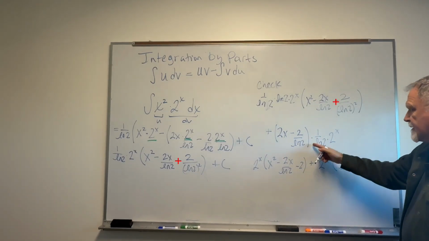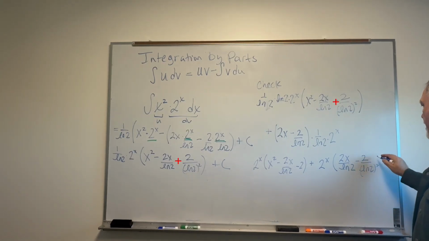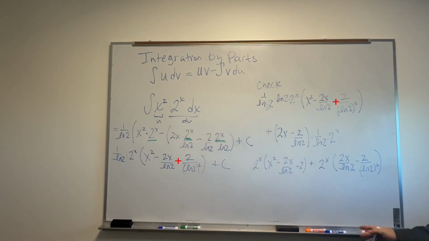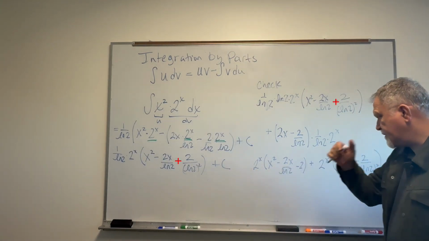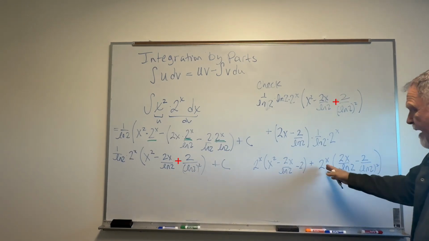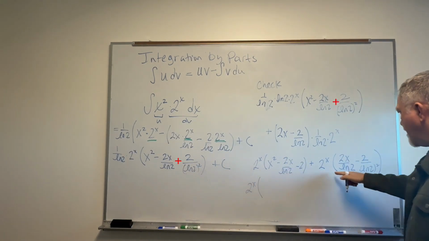And then I bring this inside here, I get minus 2 all over the natural log of 2 squared. And we've got 2 to the x all out in front. Notice this 2 to the x and that 2 to the x. I can bring that out in front and then combine all of these values.